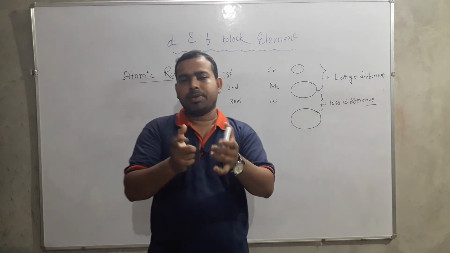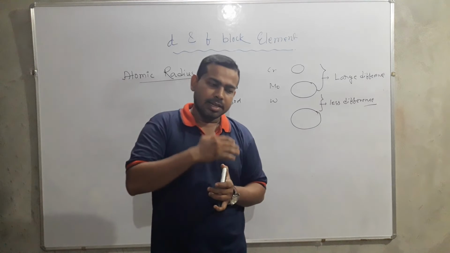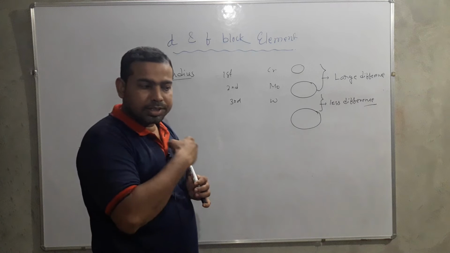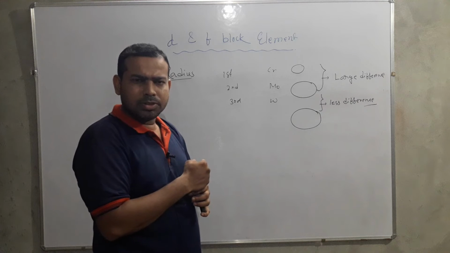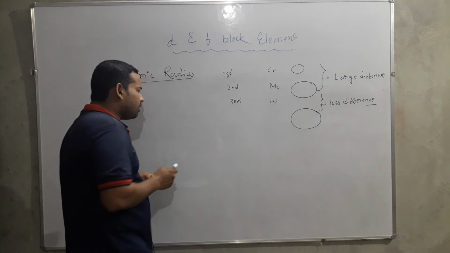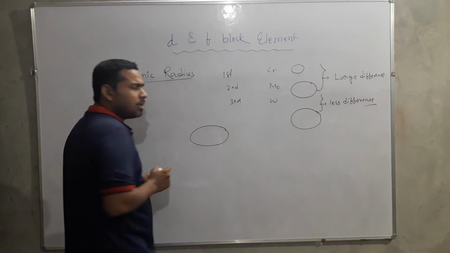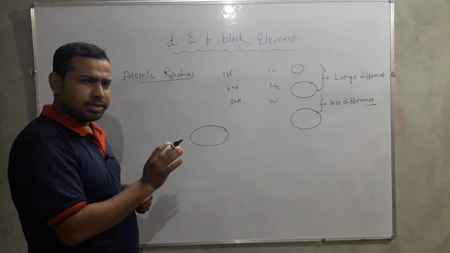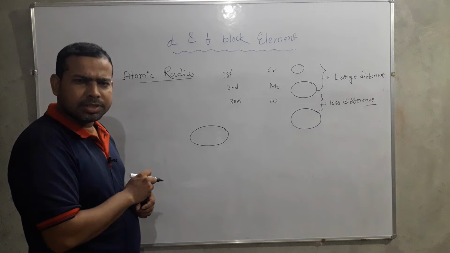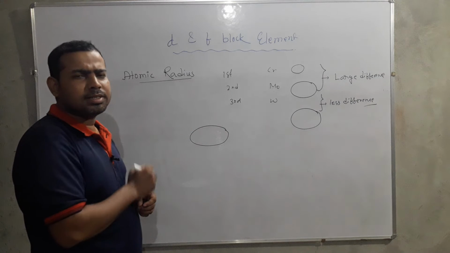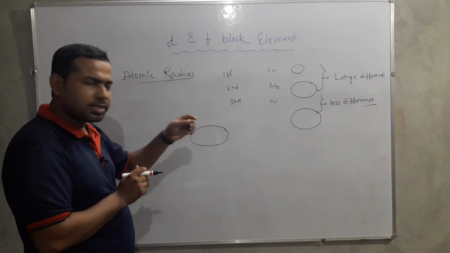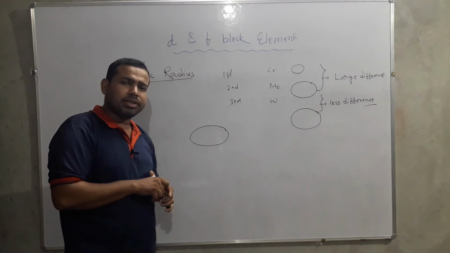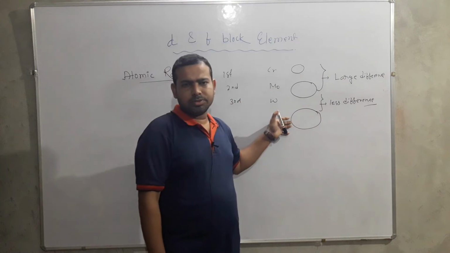So due to the increase of effective nuclear charge, their size decreases from left to right, but not continuously. Clear people? So that's why their size becomes diffuse in shape due to the presence of f electrons. This is found in the lanthanide series, and this in the actinide series. That's why it is known as lanthanide contraction as well as actinide contraction. So due to the lanthanide and actinide contraction, their sizes are similar.